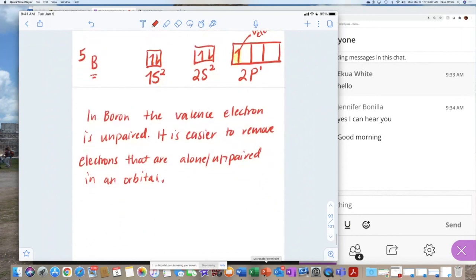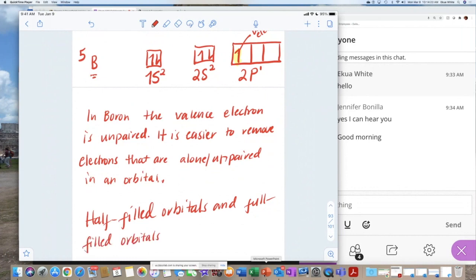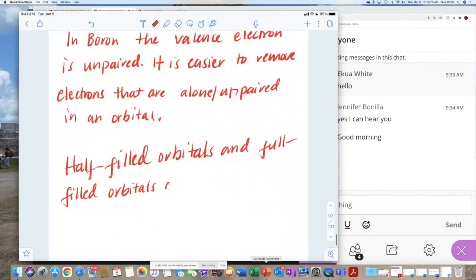So, half filled orbitals and full filled orbitals cost a lot of energy to disrupt.